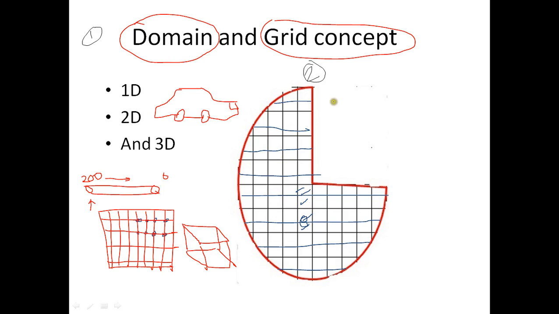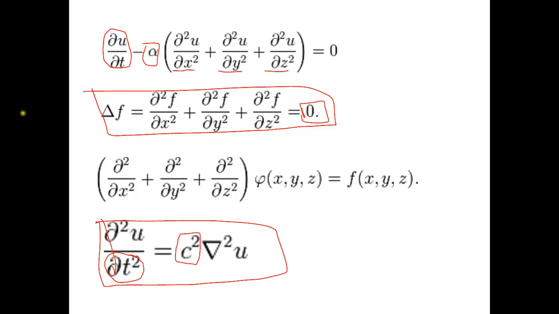Number three, then we have to approximate our differential equation into a finite difference approximation. Then we'll have a number of equations depending upon how many nodes there are.